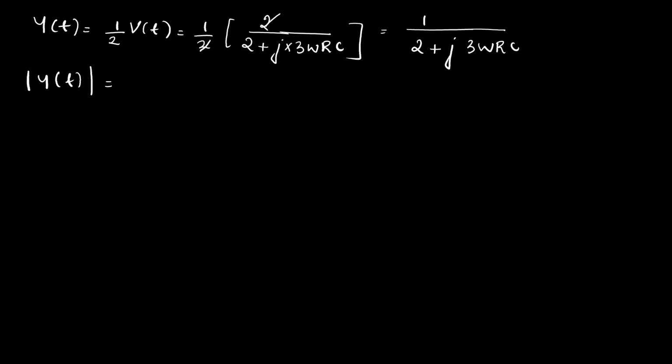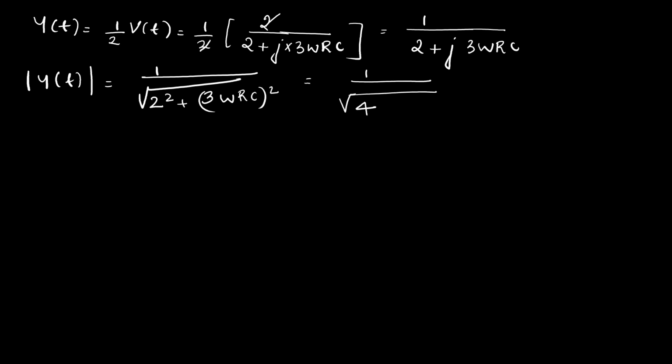Y of t has a magnitude 1 by root of 2 square plus 3 omega R C whole square, which is equal to 1 by root of 4 plus 9 omega R C whole square.